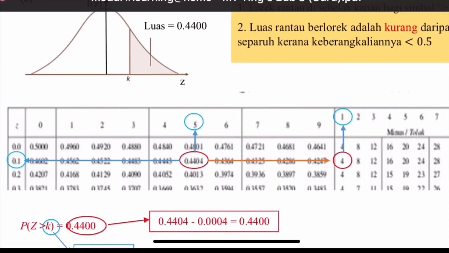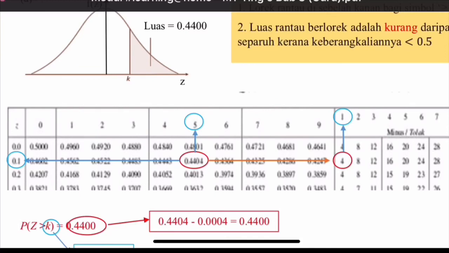The 1 there means 0.001, 3 decimal places, so you have to take your answer 0.15 plus the 1. So it's 0.151. Okay, that is the answer for probability Z more than K.